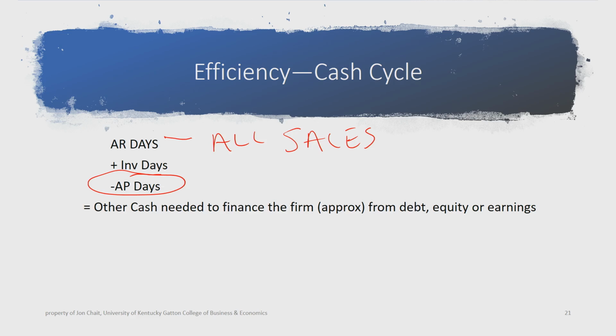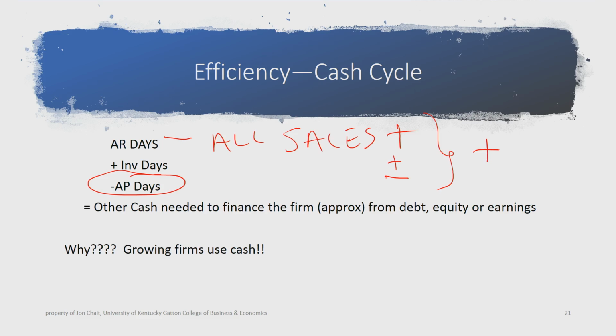So in a normal company, these numbers are big. The AR number is big. The inventory number is pretty big. And the AP number is a decent-sized minus, but the net of this is a positive. That tells us the amount of cash that's needed to finance the firm. And that also tells us a fundamental principle, which is that growing companies use cash.